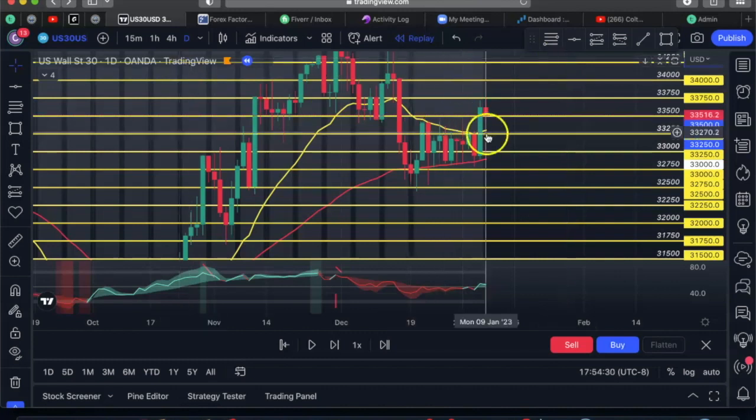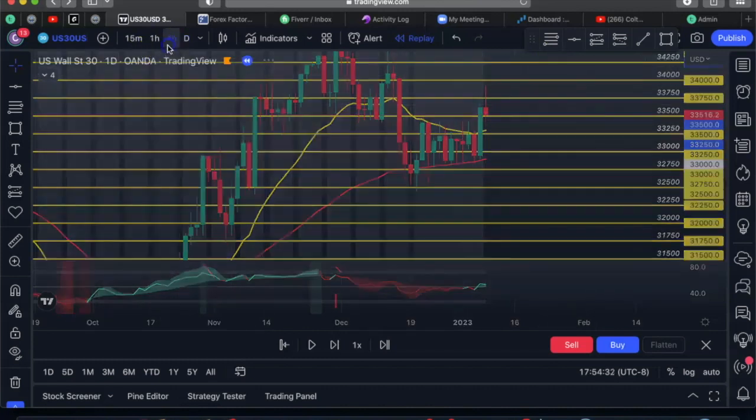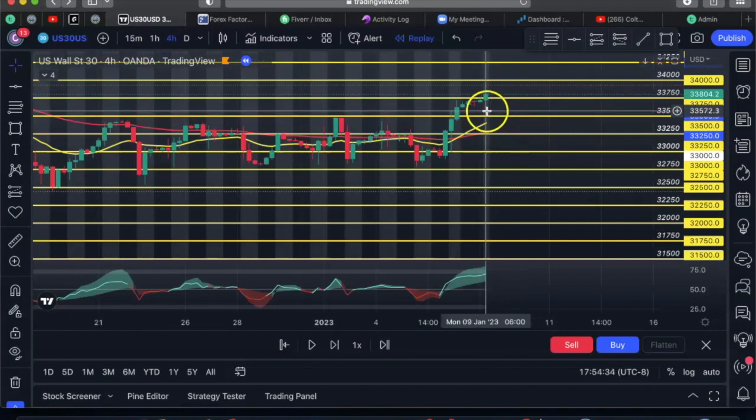Then I will go down to the 4-hour chart as well, and look at the previous 4-hour candle. This 2 a.m. to 6 a.m. candle is a key candle for the market open, because it really builds our bias on whether we're going to go long or short.